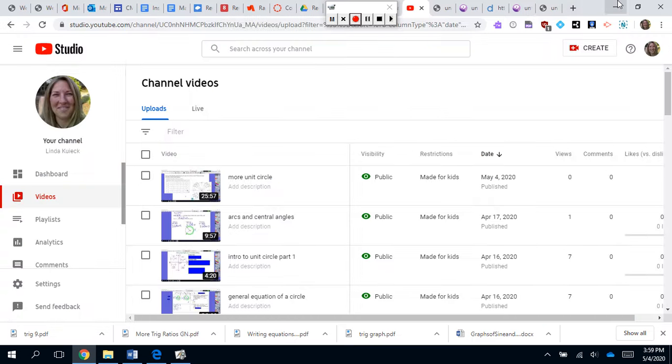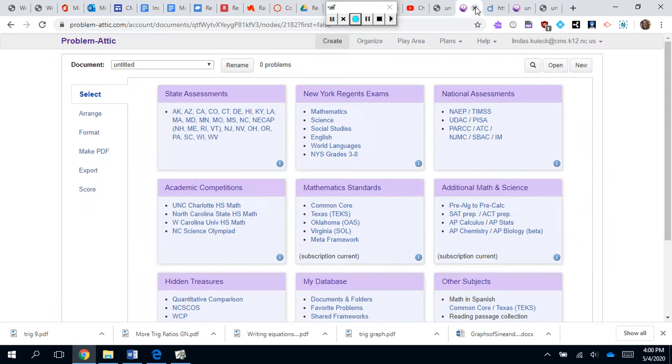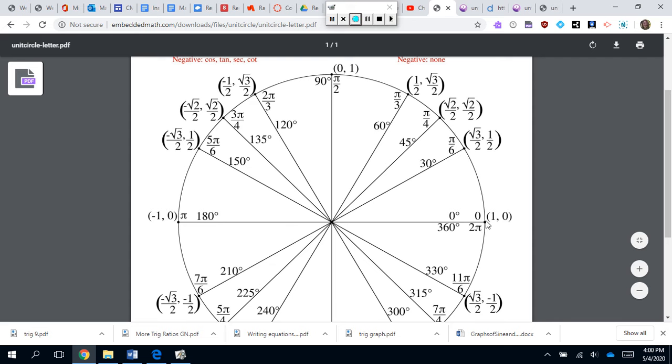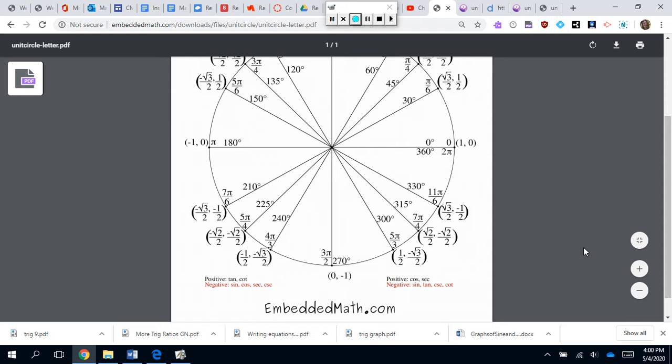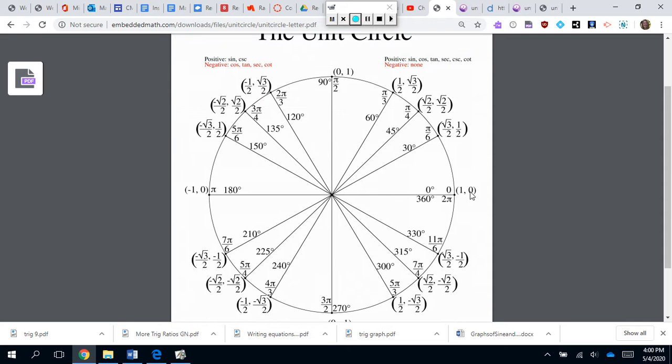When we look at the unit circle, remember, if I just use the 4 points on the axes, sine is the y value at each of those. The first y value at this point here, where we always have our initial side, is 0.